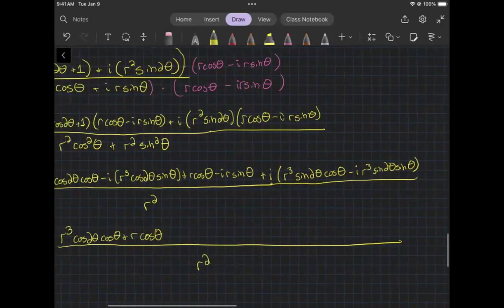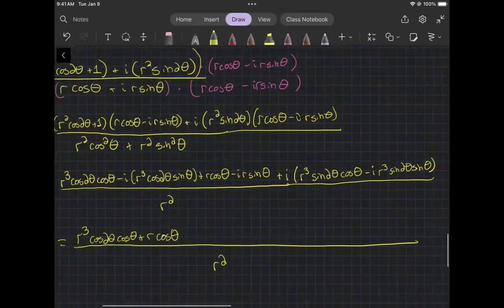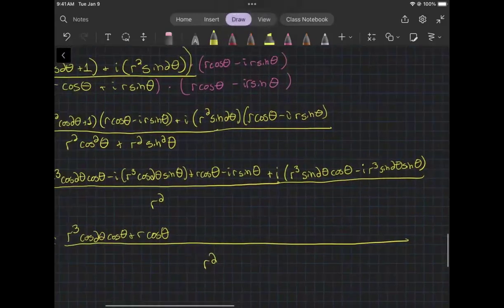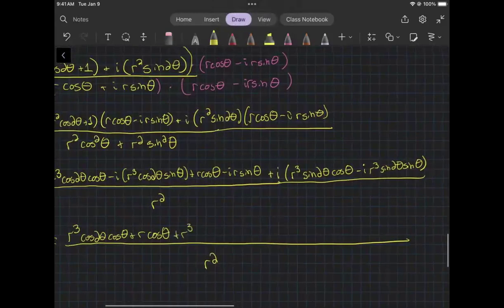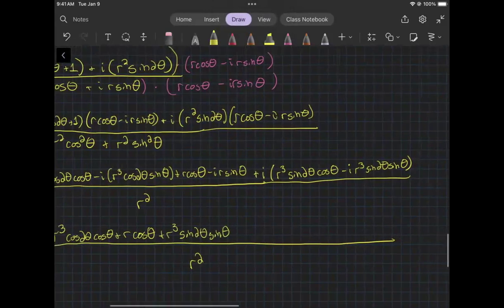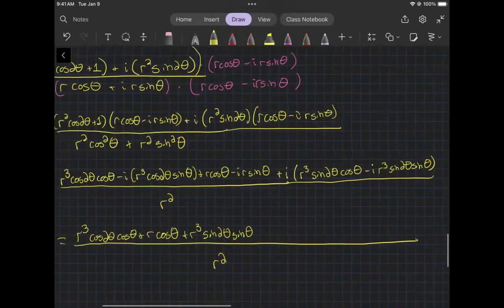I'm just checking to see if I'm on the right track. Okay. So plus r cubed sine of 2 theta times sine theta. Okay. And then the i's.